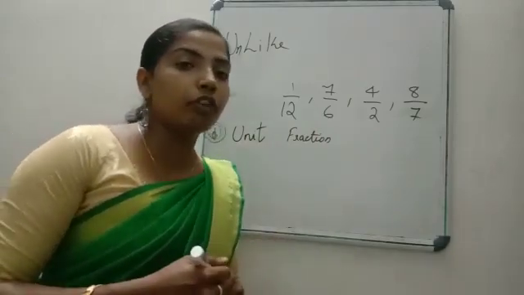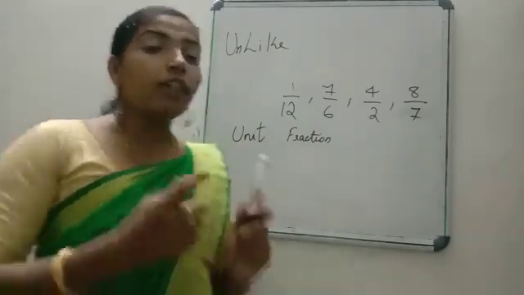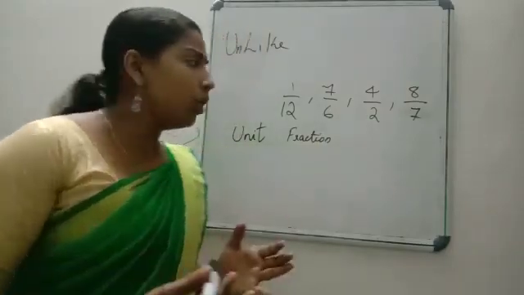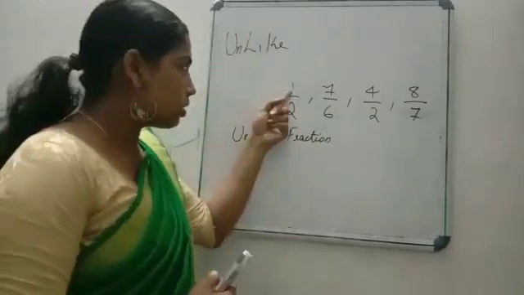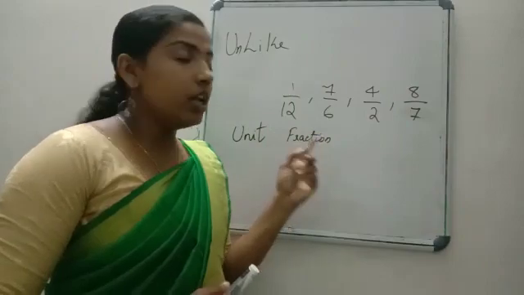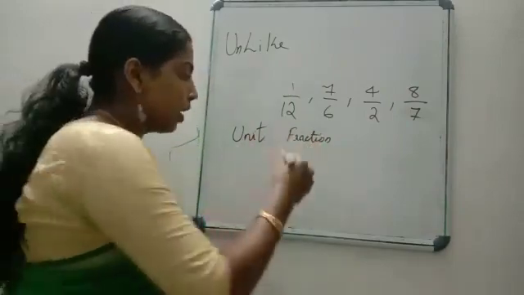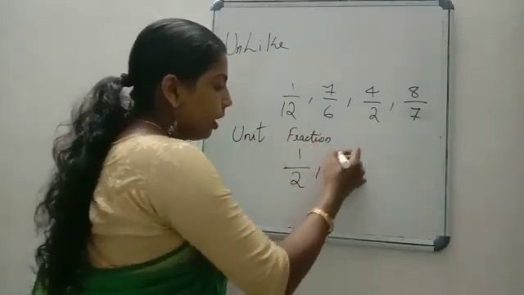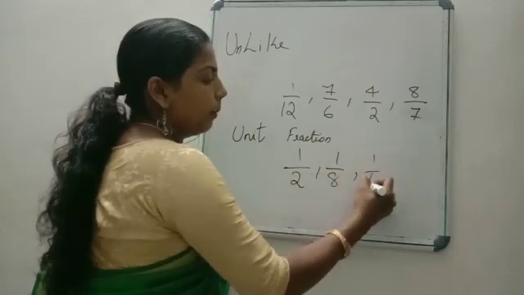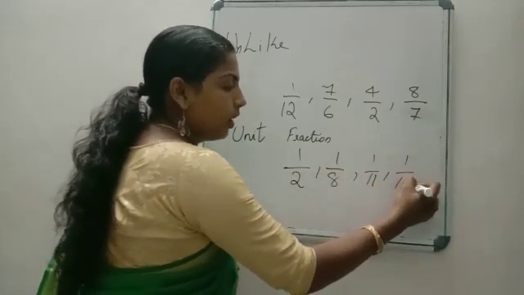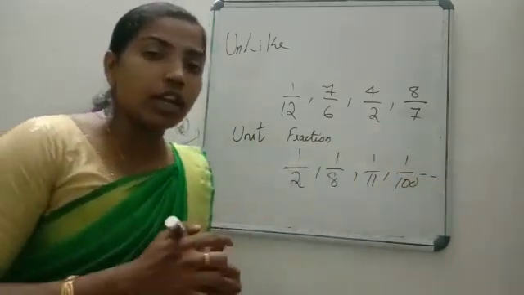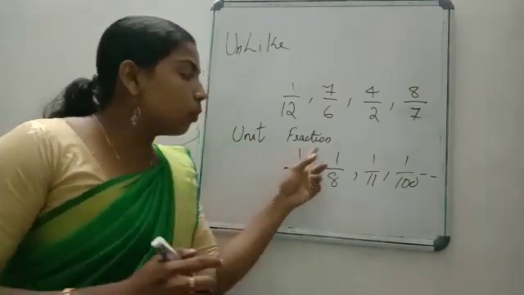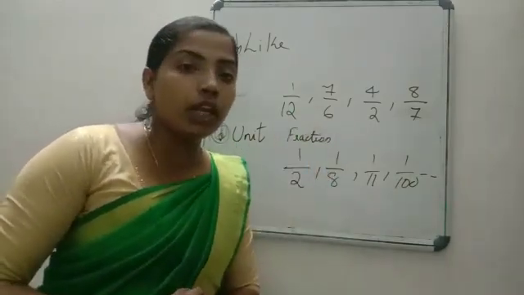What is meant by unit fraction? A fraction with numerator 1. You know what is numerator and denominator. This is numerator and this is denominator. So a fraction with numerator 1, for example 1 by 2, 1 by 8, 1 by 11, 1 by 100, etc. So a fraction with numerator 1 is called a unit fraction.